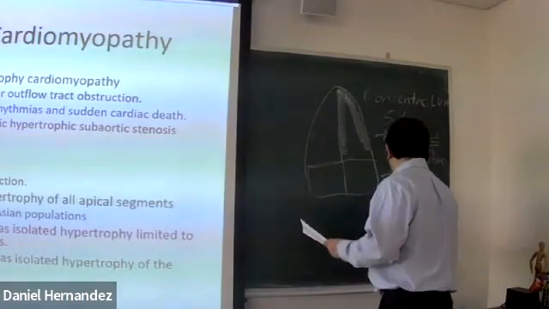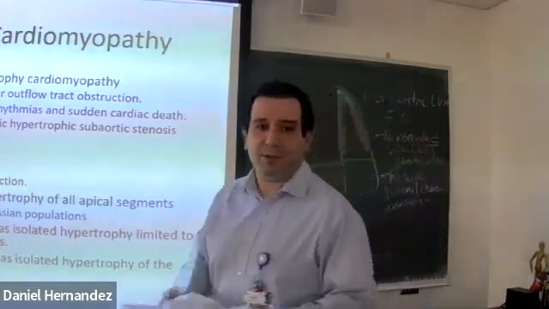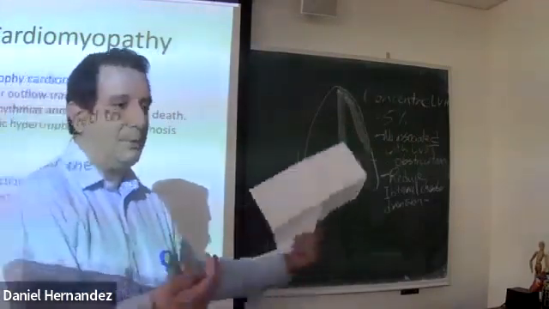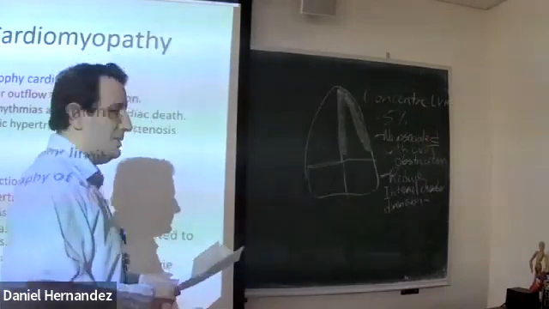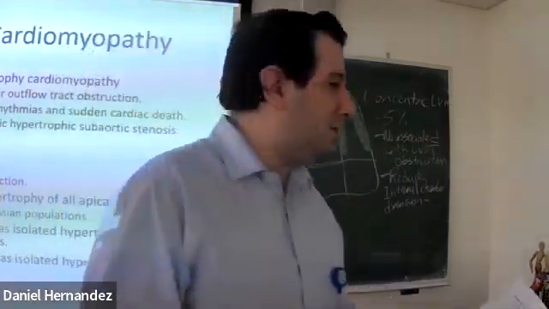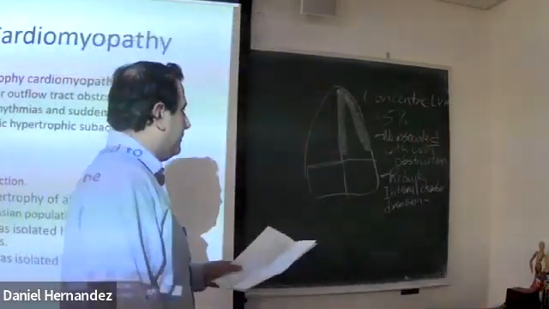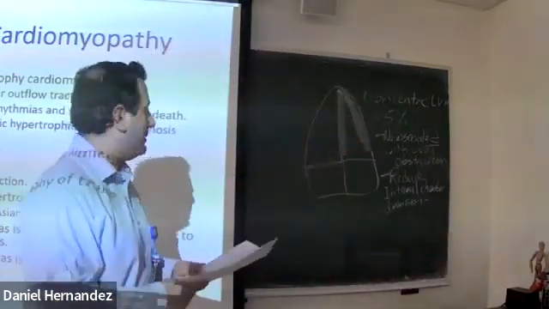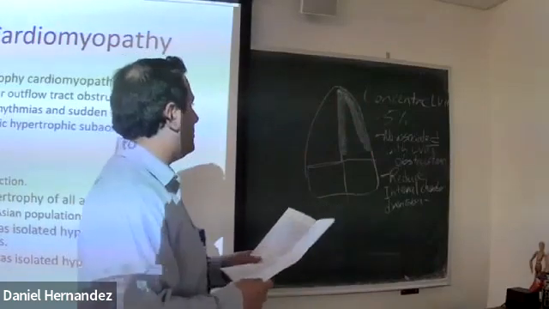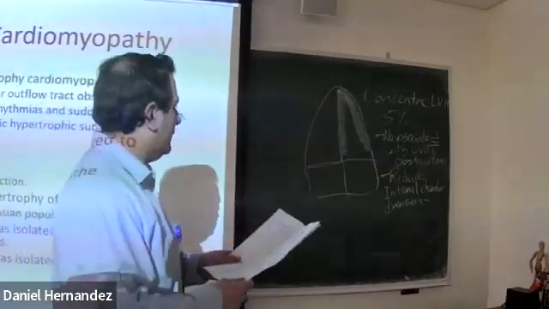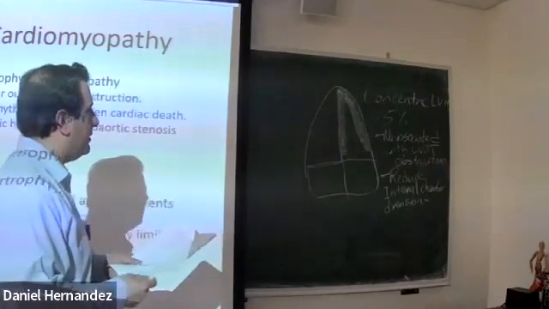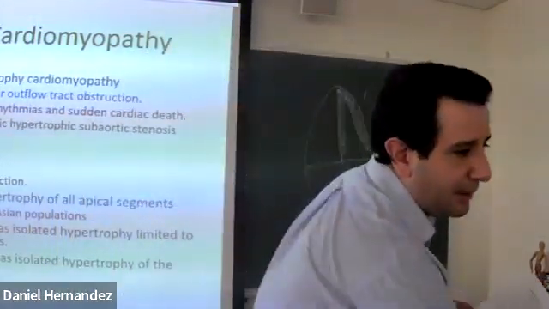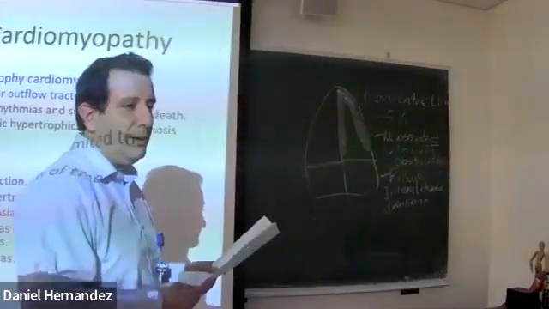If you have reduced internal chamber dimensions, we're going to have also reduced cardiac output. So there's less blood flow leaving the heart. These patients, again, will suffer from dyspnea, shortness of breath. They may also become tachycardic because the body is trying to get that extra blood flow out. So we have a lot of blood returning back to the heart, not so much being pumped out. So the heart's going to try and accommodate by increasing its heart rate.